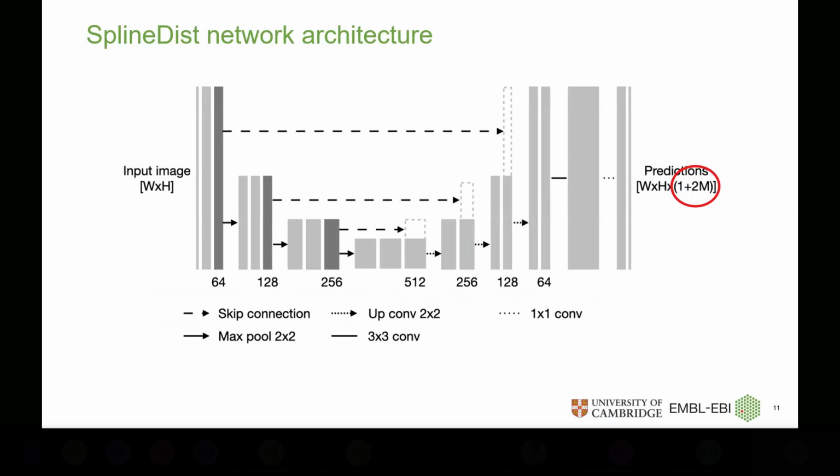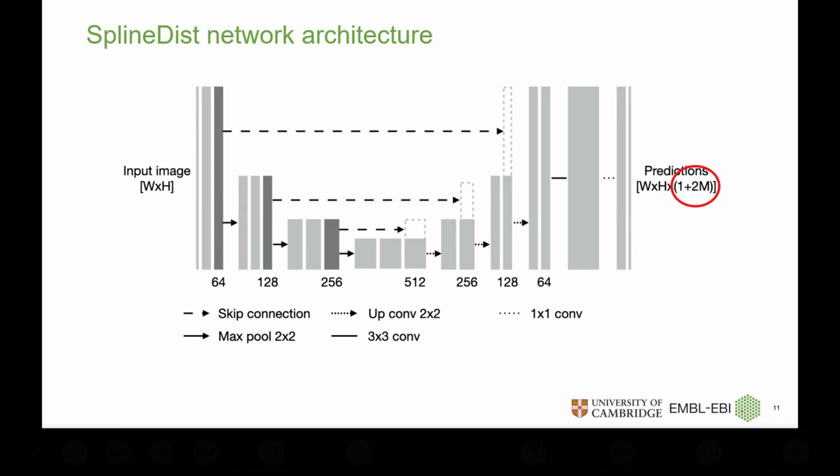And the architecture we keep similar to StarDist for fair comparison. Again, you can use your favorite encoder and decoder scheme, but just for the sake of comparison, for the rest of this presentation and in our paper as well, we use UNet as the backbone.